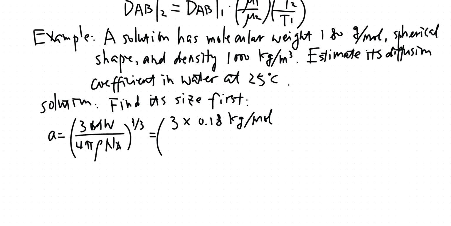Then pi, and the Avogadro's number is 6.022 times 10 to the power of 23.